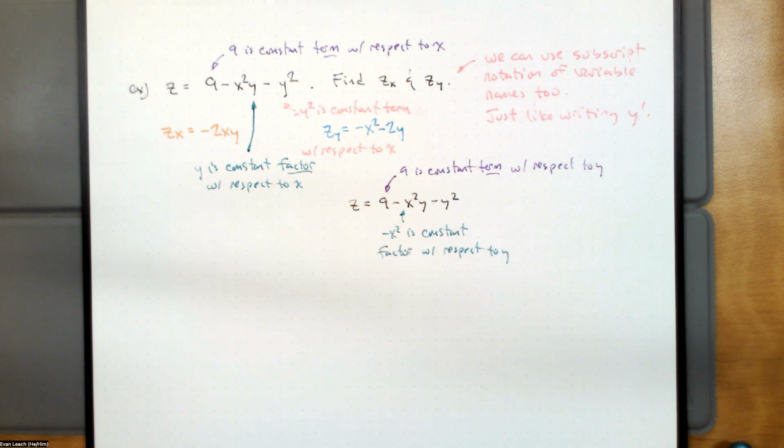We can write zx and zy to be the partial derivative with respect to x and with respect to y, just like before. How's everybody? Okay? I didn't even have to tell you that was what I was asking for. So I wonder if that means the same thing as y prime meant. Yep. Predictable.